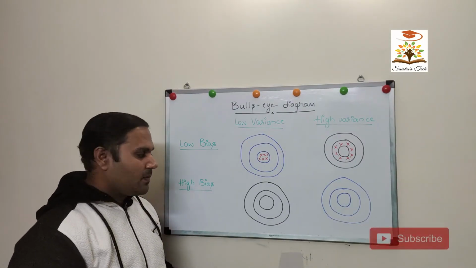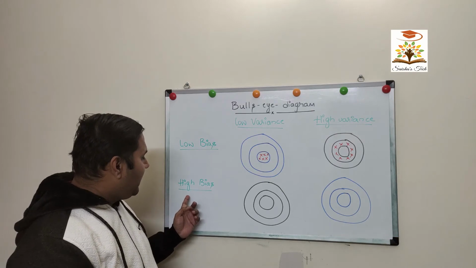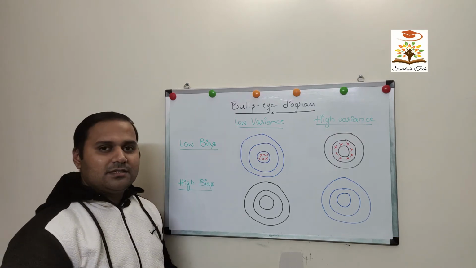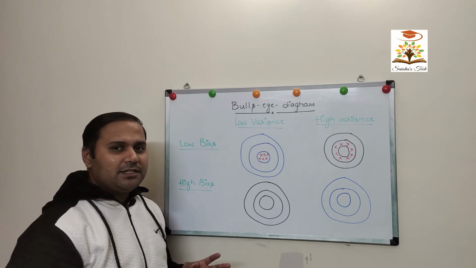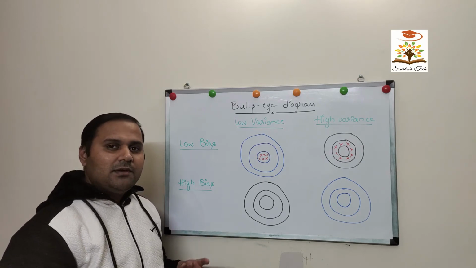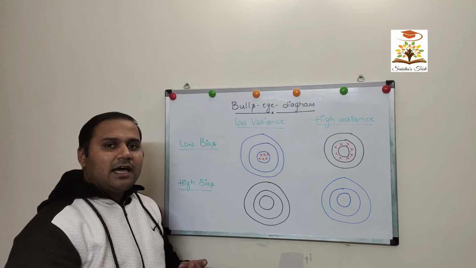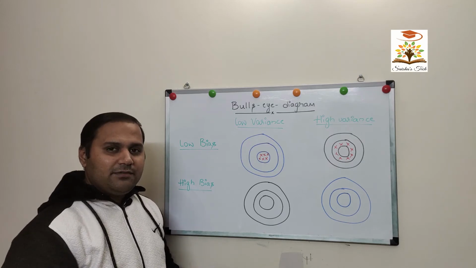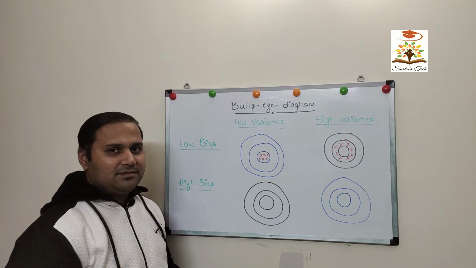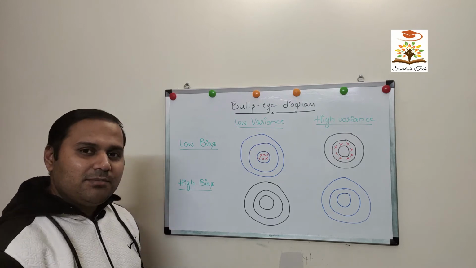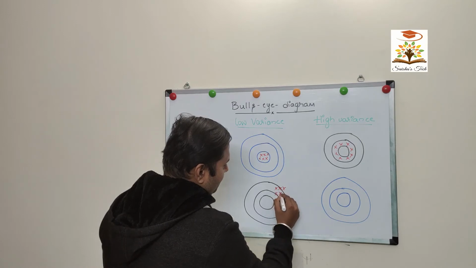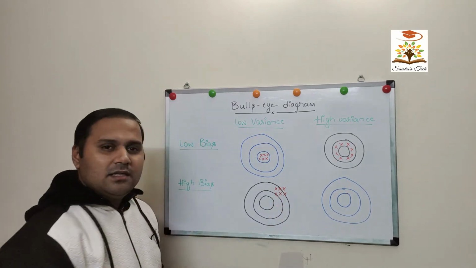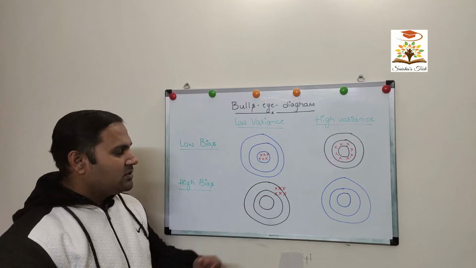Similarly, if there is a high bias and low variance, high bias means the deviation between the actual and predicted is higher, but the spread of the target variable, that is the predicted values, is lower. Those conditions can be represented as shown in the bullseye diagram.